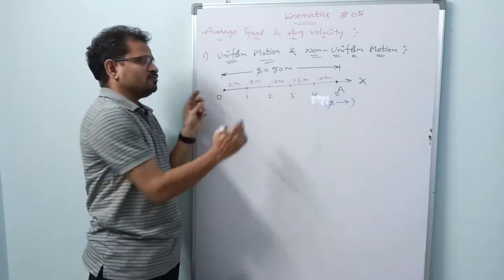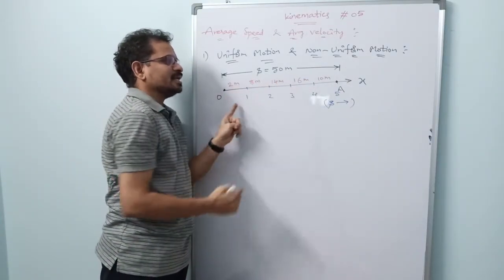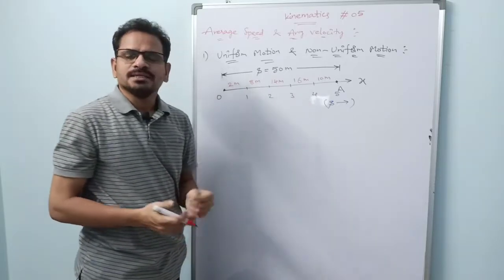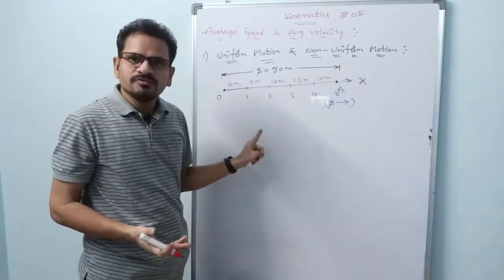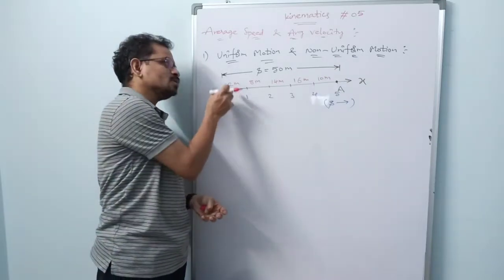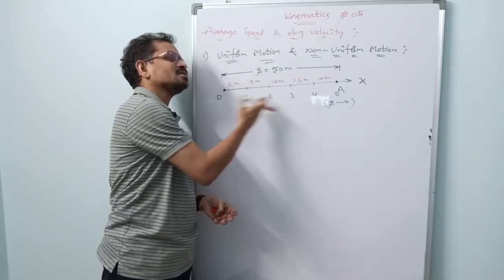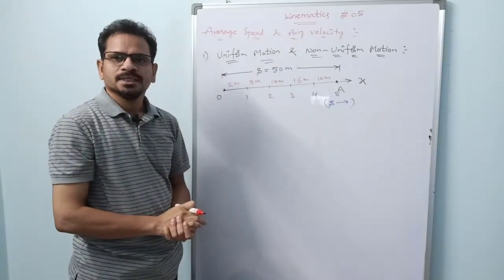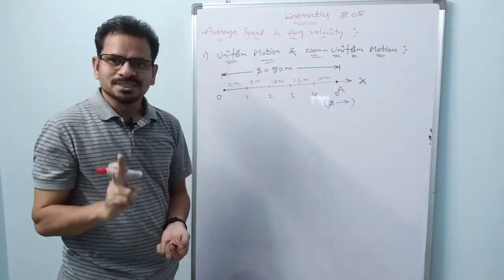If unequal distances are covered in equal time intervals, then such a motion is called non-uniform motion. Is it uniform? No. In the first second 2 meters, second second 8 meters, third second 14, 16, all numbers are different here. So it is a non-uniform motion, right?